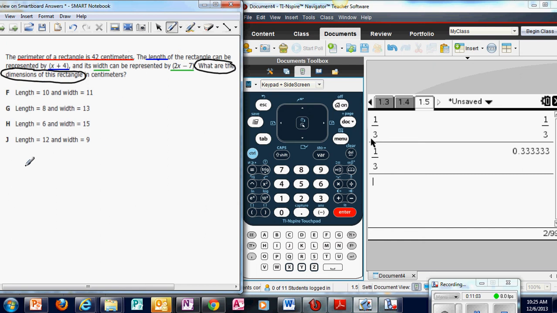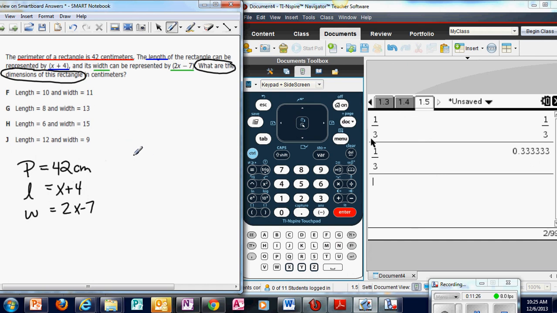Alright, so let's write down what we're given. Perimeter is 42 centimeters. Length is x plus 4. Width is 2x minus 7. We're talking about perimeter. I need that formula for perimeter.